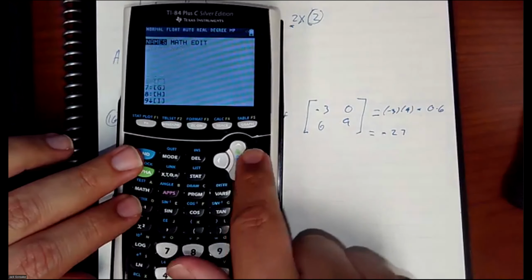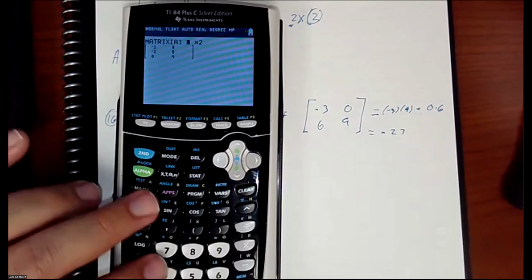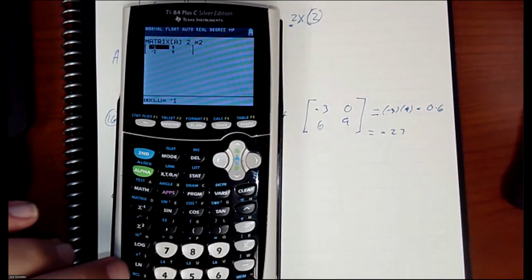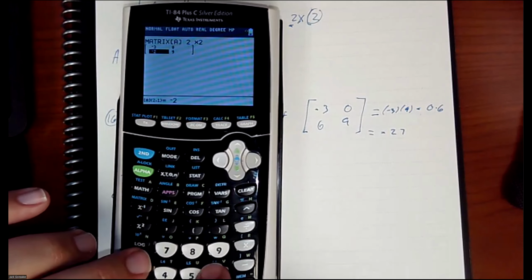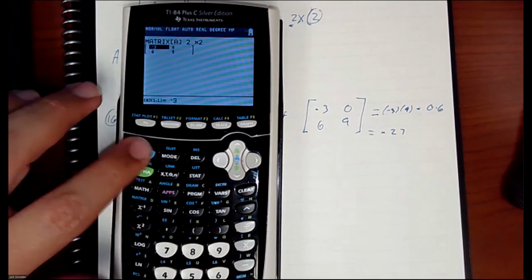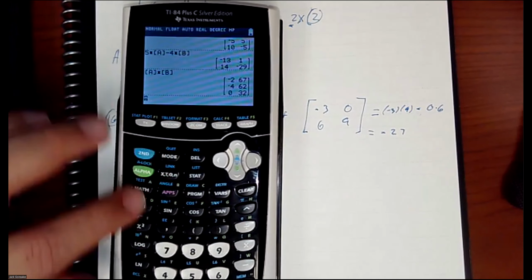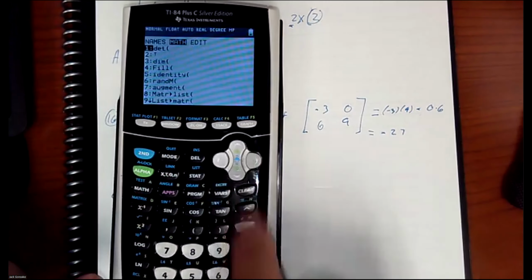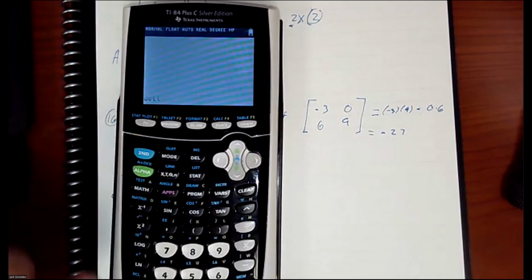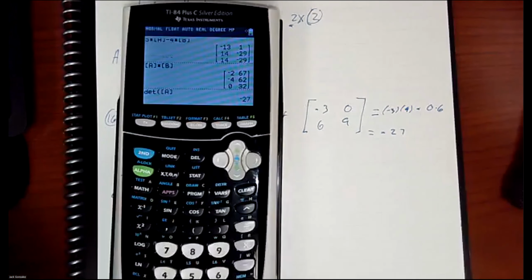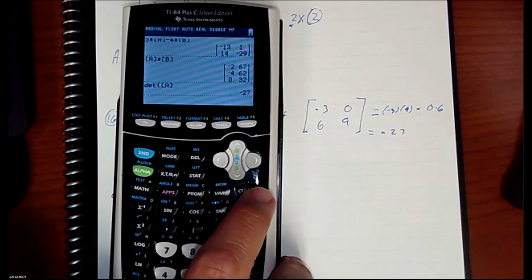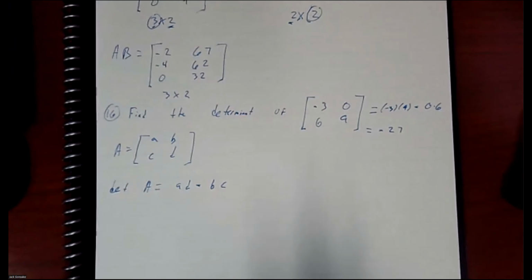Second matrix, edit. 2 by 2. Negative 3, 0, 6, 9. Go back into the menu, look for determinant, which is the first one, and then choose a matrix in your menu. Same thing. So 17.